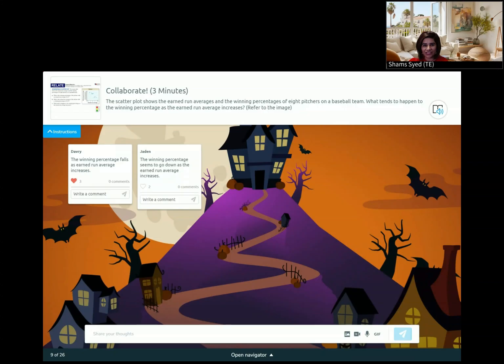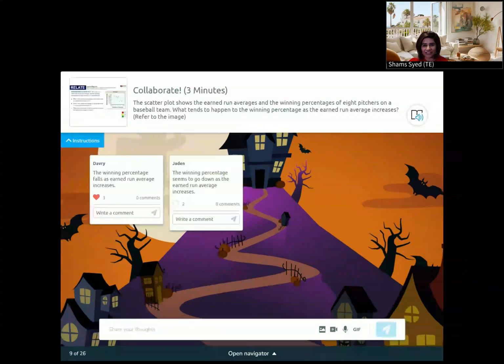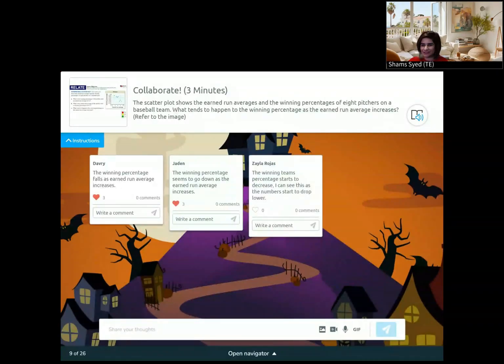We have Jaden's post. The winning percentage seems to go down as the earned average increases. Here's Zayla's post. The winning team's percentage starts to decrease. I can see this as the number starts to drop lower. Look at the well written out responses from our classmates.